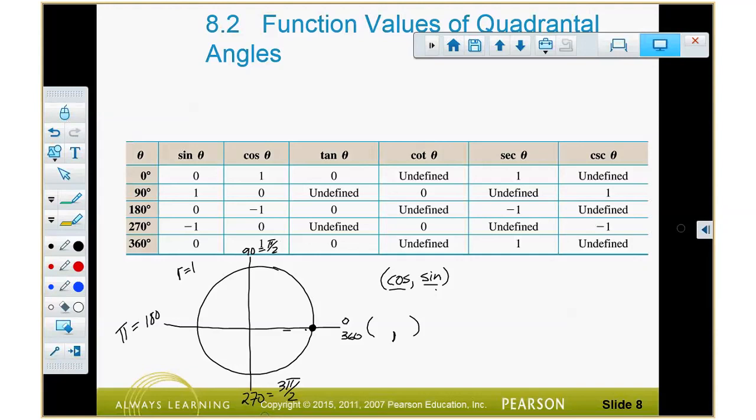Which one goes first? Well, this is cosine, this is x. So the cosine is what? 1. So I'm going to put it right here. And the sine is what? 0, because sine in physics is y.